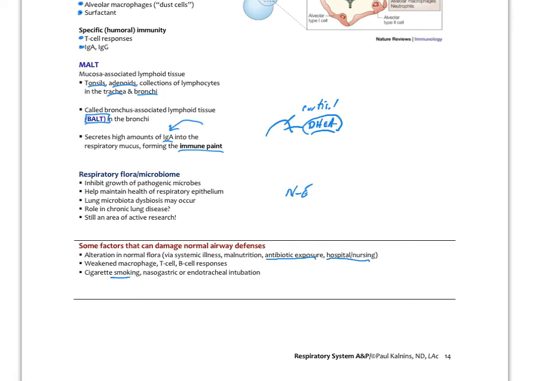And unfortunately, with chronic stress and aging, we start getting less and less DHEA and more cortisol. And so we get less of those protective effects. We can think of cortisol as having a very catabolic effect versus DHEA is more anabolic. So that is other areas that can damage the respiratory immunity.